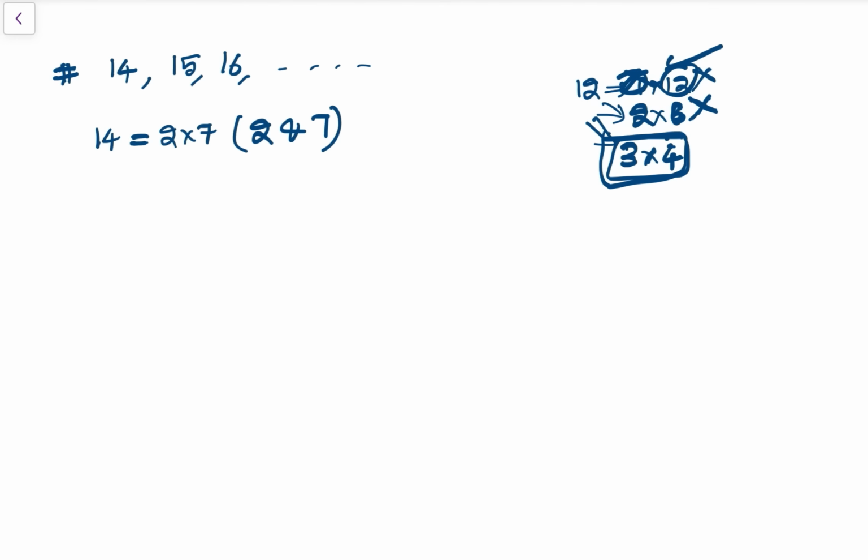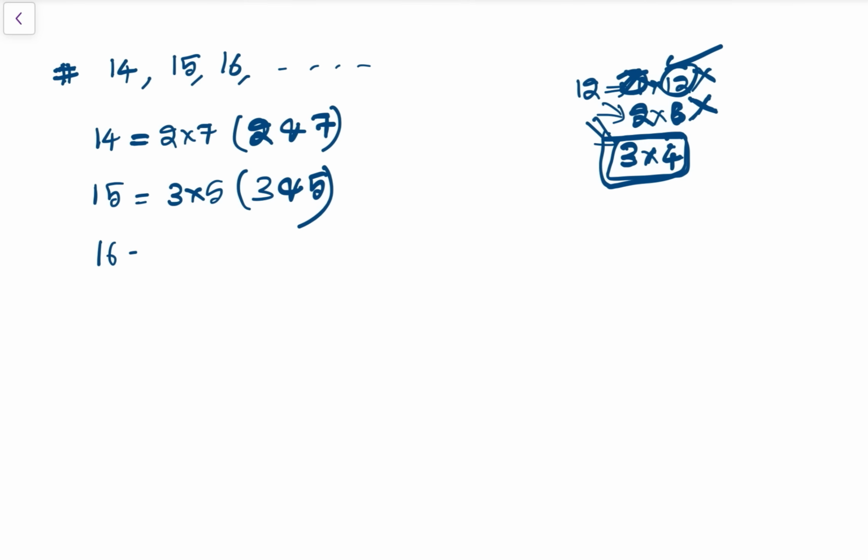सिमिलरली हियर ऑल्सो 2 into 7, 2 and 7 एक टेबल में नहीं आएगा, इसीलिए ये लेते हैं। Similarly 15 is 3 into 5, so if a number is divisible by 3 and divisible by 5, then we can say it is divisible by 15 also.